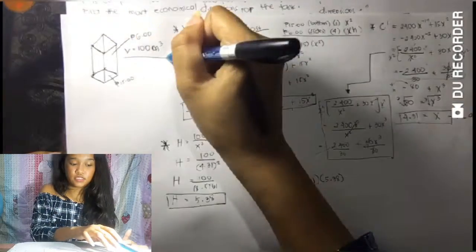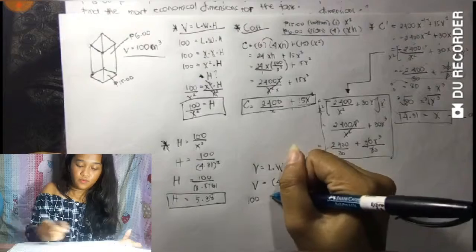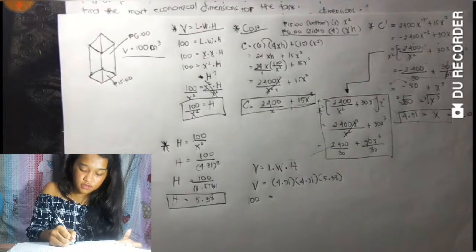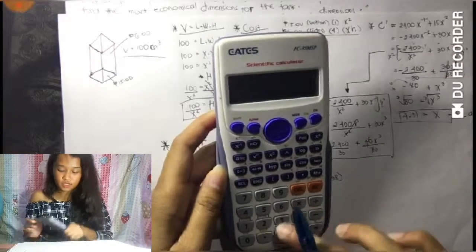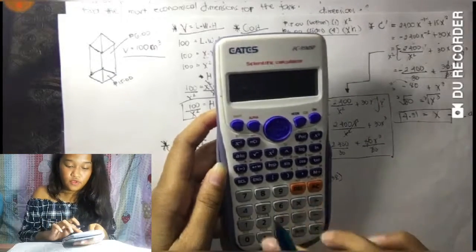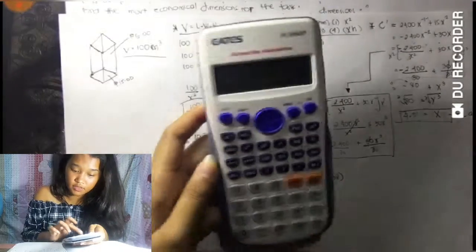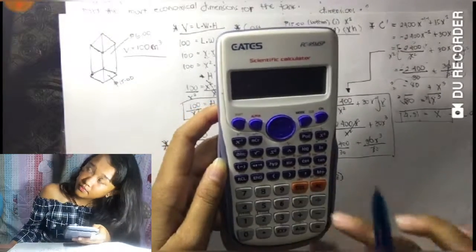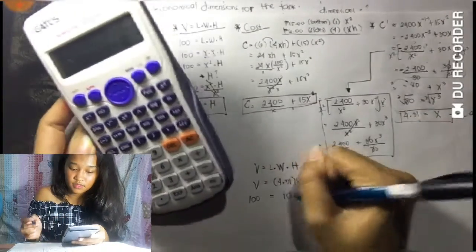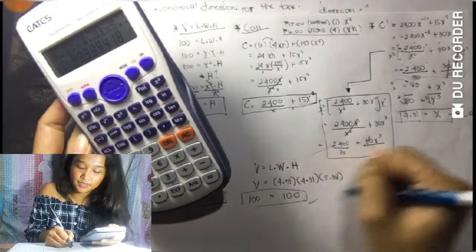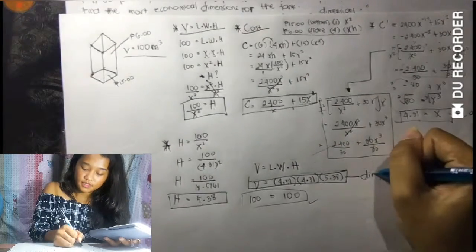To check, it says here that a volume of 100 cubic meters. This one, volume is 100 cubic meters, equal to 4.31. Let's have it in calculator. 4.31 times 4.31 times 5.38. We have 99.9, round up is 100.